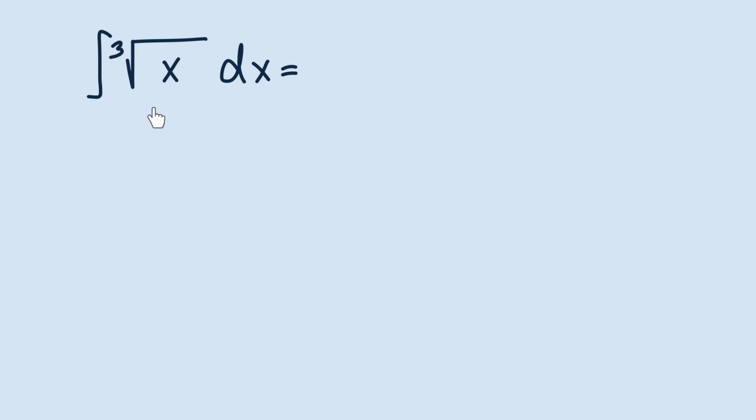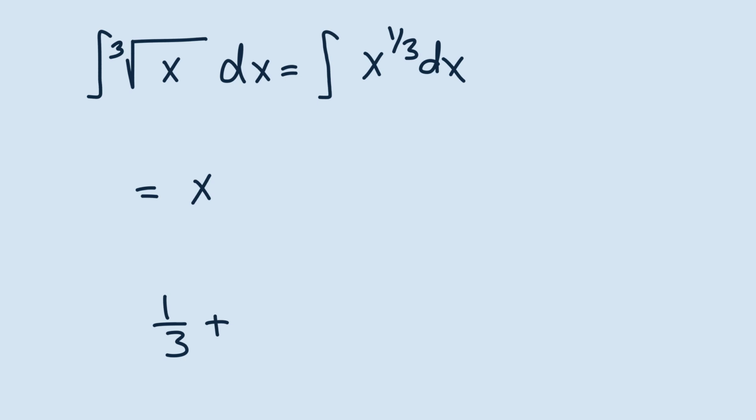Now it's your turn. Try to solve this question, then check your answer. Integral of the cube root of x. As we did earlier, let us rewrite the question. It will be x to the power 1 over 3 dx. Now we can follow the same steps. The integral will be x, and to the exponent I have to add 1. So I write 1 over 3 plus 1.